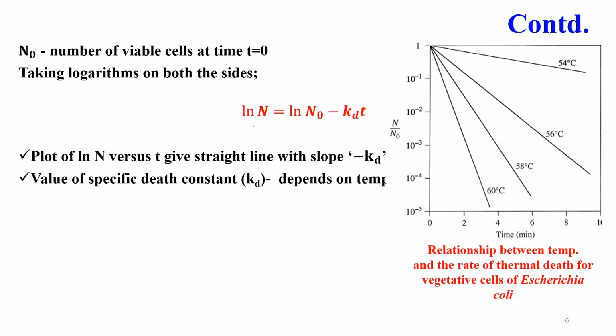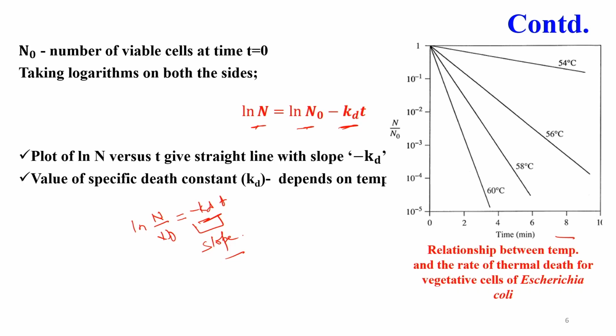And experimentally, if N and N naught are given to us, we should be able to calculate the other parameters. For example, if I plot ln N upon N naught equals minus Kd into t, that is, N upon N naught on the log axis versus time, then this is the slope, and you can get the value of Kd.